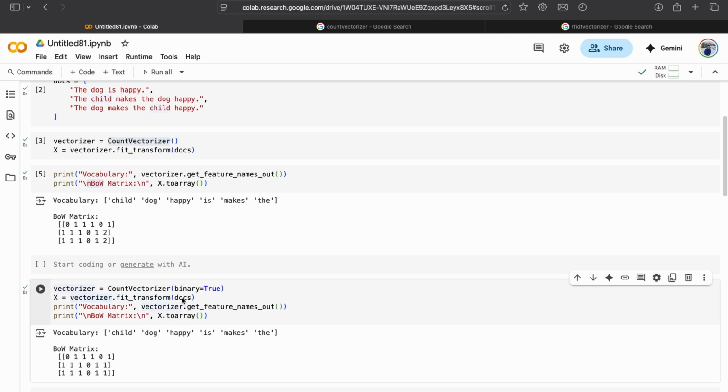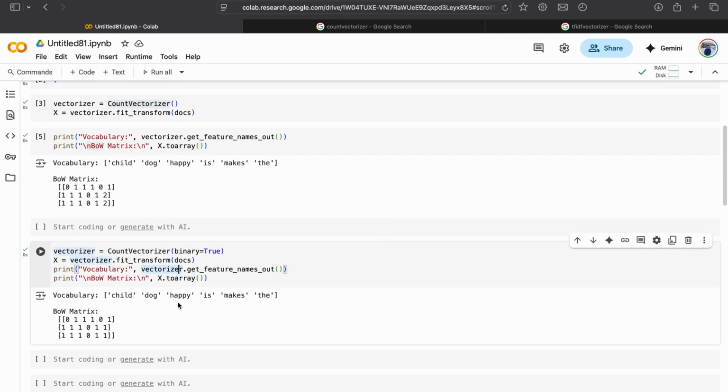If you run this, you'll see 0 1 1 1 0 1 and then 1 1 1 0 1 1. Here we have 1 for the because we are not counting the word the, we are just checking if the is present in the sentence or not. So to get the binary bag of words representation, you just pass the binary equals True parameter in the CountVectorizer.